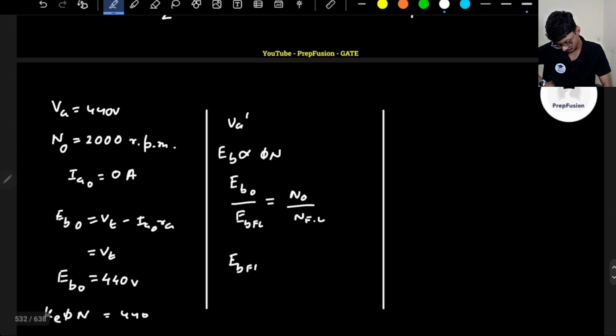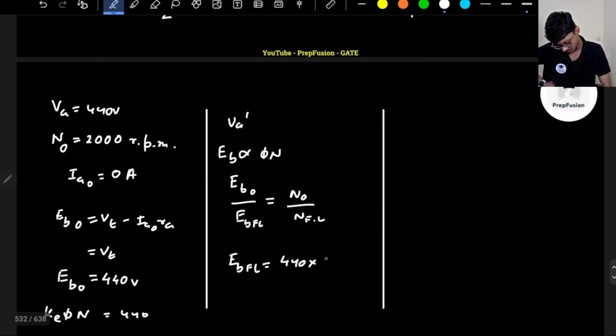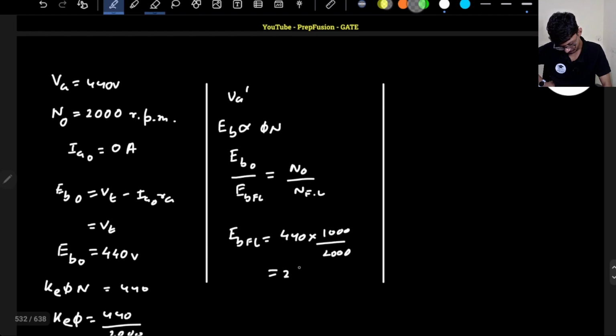My EbFL will simply be Eb naught, that is 440, into NFL, N full load, they have given me as 1000, divided by 2000. So this will be 220 volts.